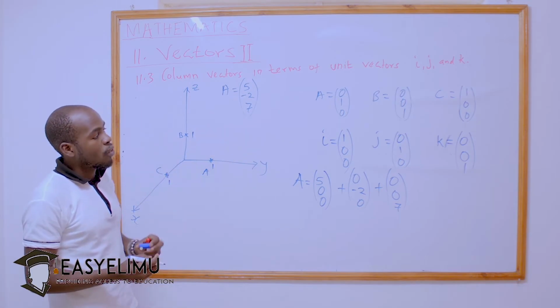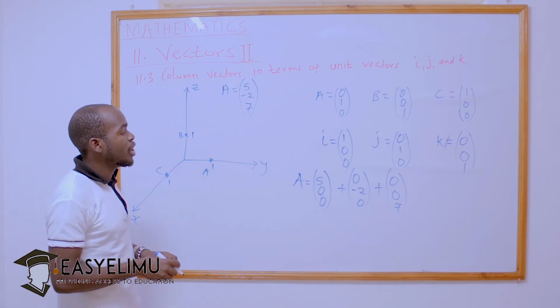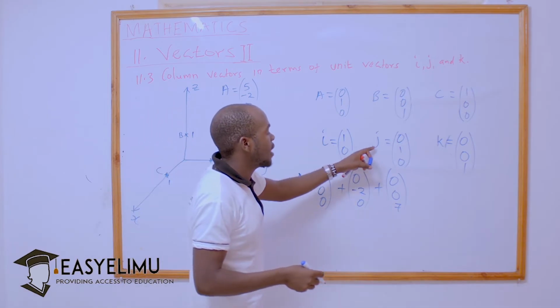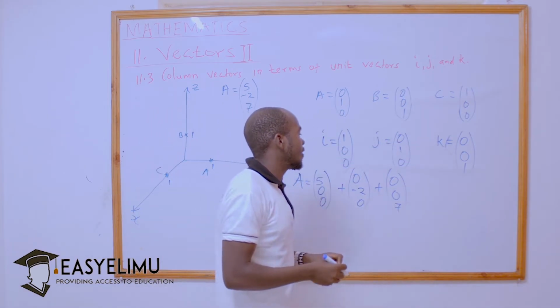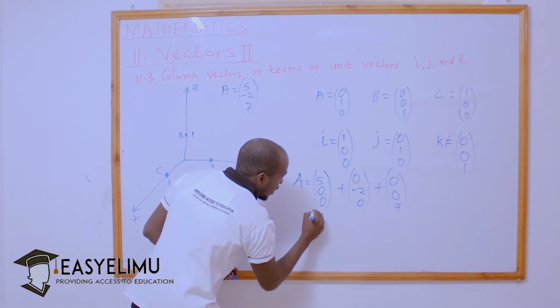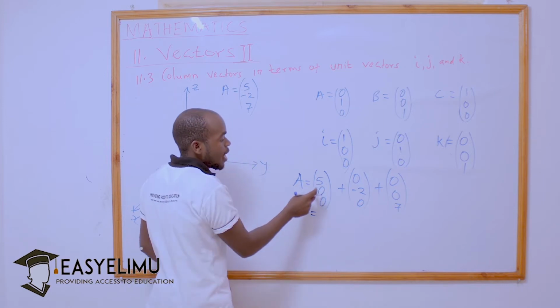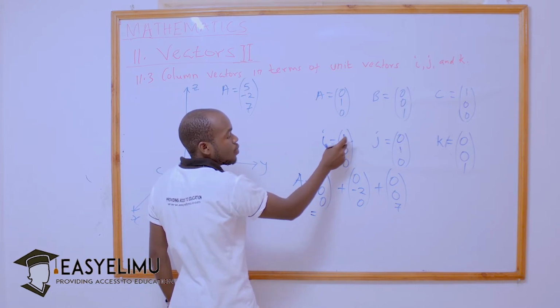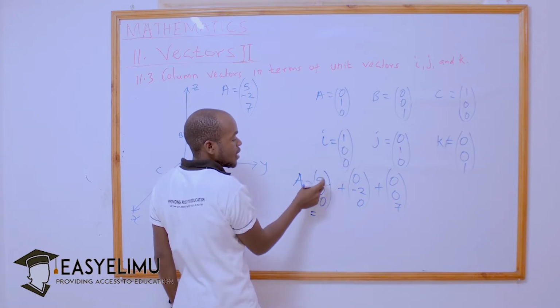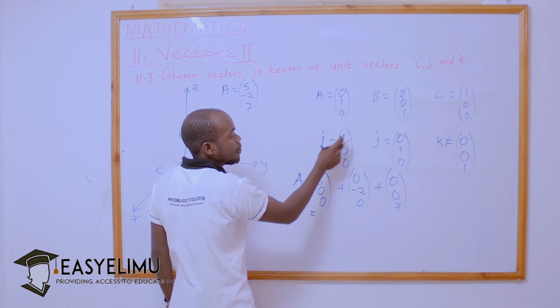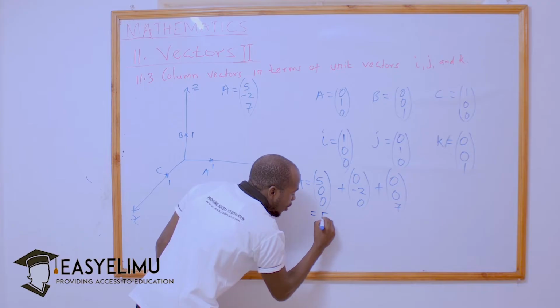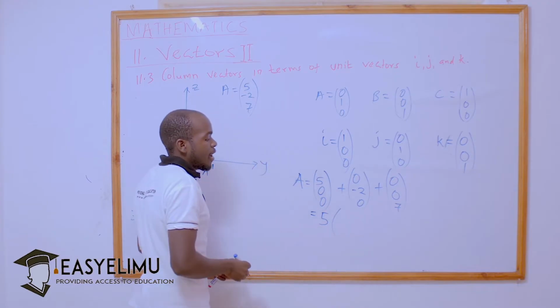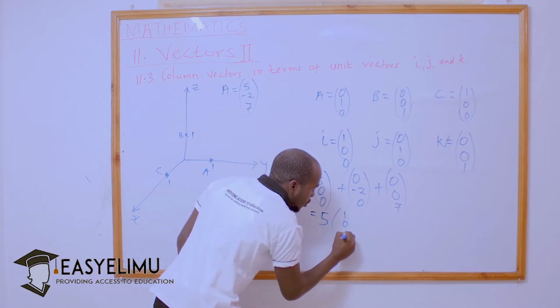So that one, we can still represent in terms of I, J, and K, and say that one can be represented by 5. If we make this number 5 here to be in place of 1, we shall now factor out 5, and we have 1, 0, 0.